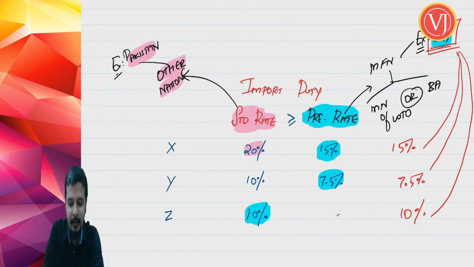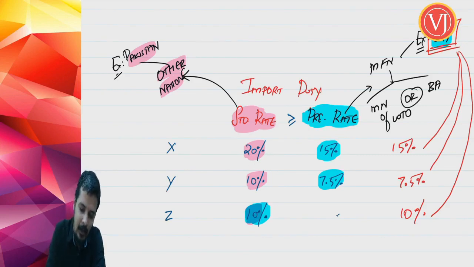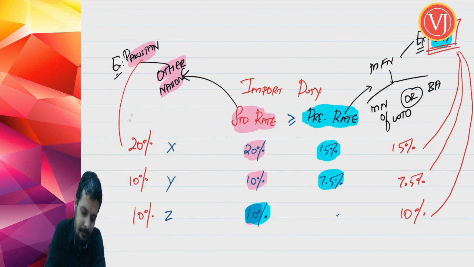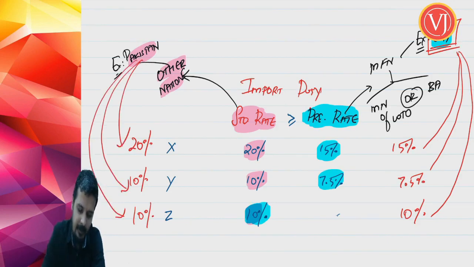So if you are importing item X from Pakistan, 20%. If you are importing item Y from Pakistan, 10%. If you are importing item Z from Pakistan, 10%. So if at all you are importing these three items from Pakistan, you will have 20%, 10% and 10% respectively for items X, Y and Z.